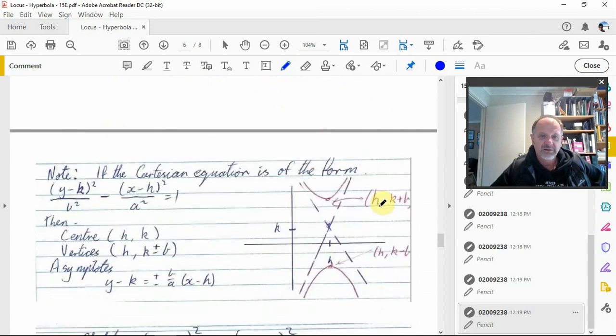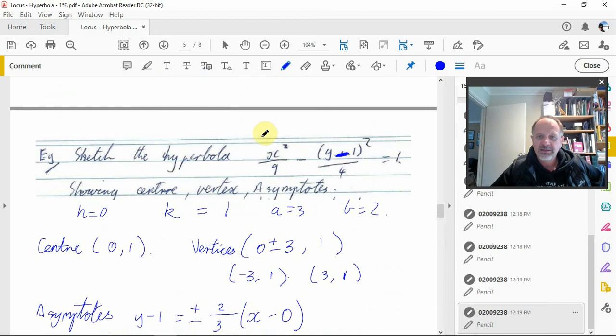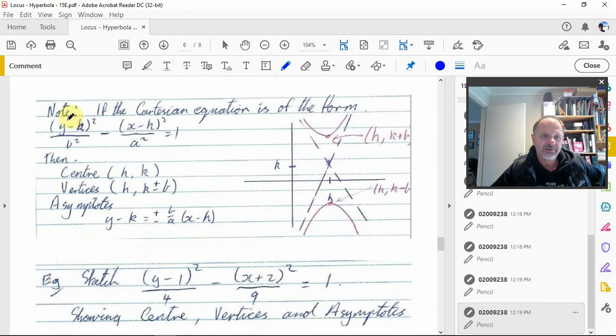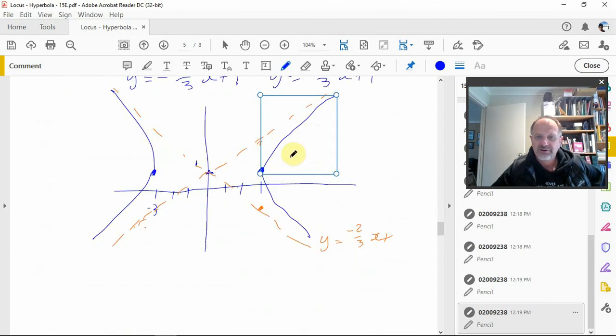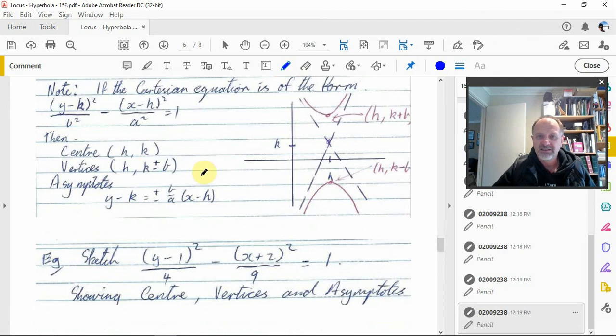All right, so a note here. So up here, what we had here, we had the x part minus the y part. Now, if we have it the other way around, the y part minus the x part, instead of the graph being here, because remember this breaks into 4 bits, stretching in the x direction, when we've got it as the y part minus the x part, it stretches this way in the y direction here.